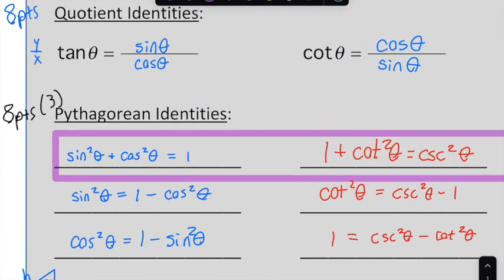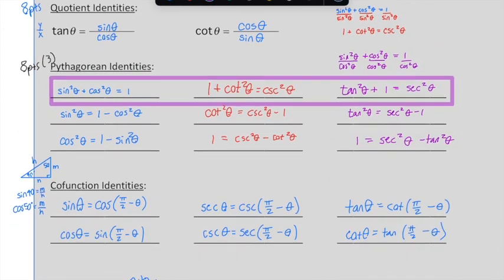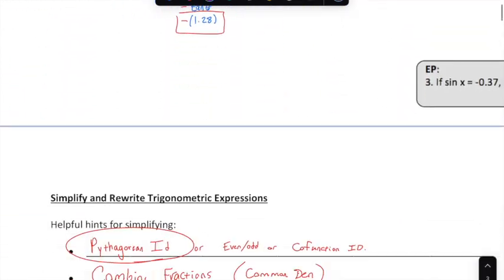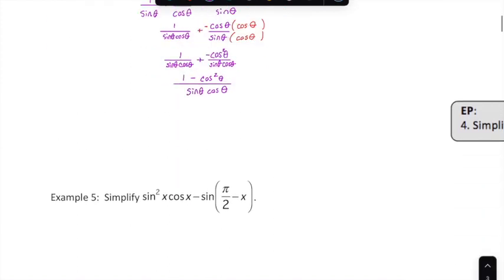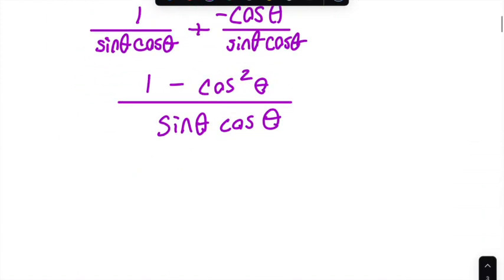We have one of the variations right here. 1 minus cosine squared theta is the same thing as sine squared. So we're going to substitute that for the numerator. We'll do that step quite a few times today, and you'll start learning to look out for it. When you see something squared with a 1, you can change that to just sine squared of theta up there in the numerator like that.